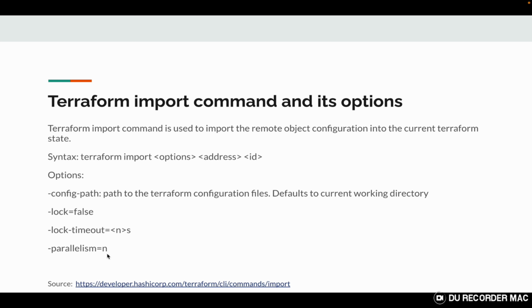So 10 operations Terraform can do in parallel depending on what type of infrastructure, how the resources are related to each other, how independent they are, whether they can be created independently or do they depend on the creation of the other remote objects. Based on that, Terraform will decide how many operations it can perform in parallel.